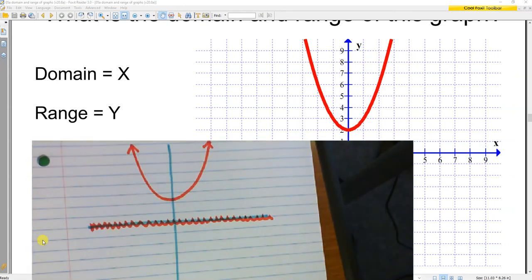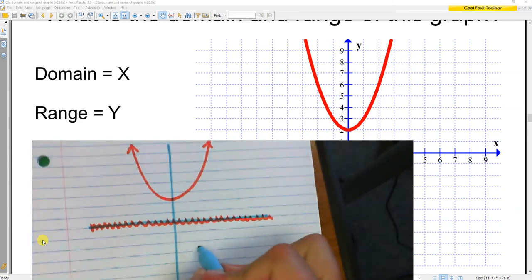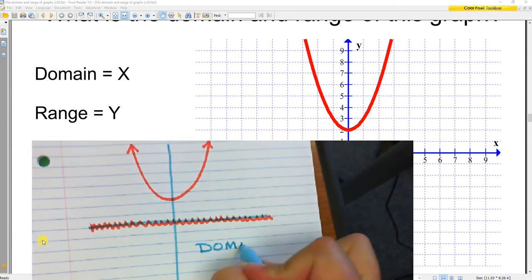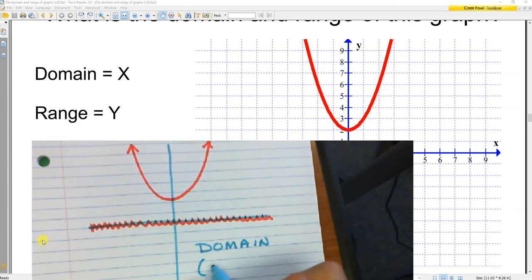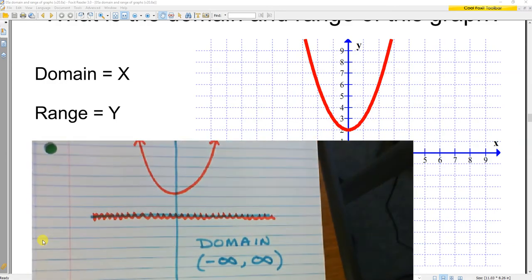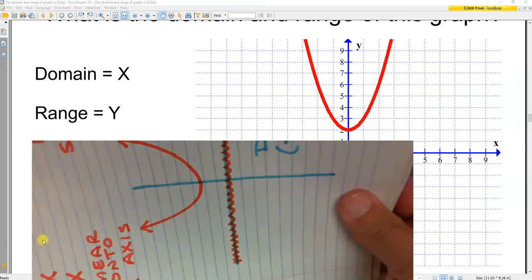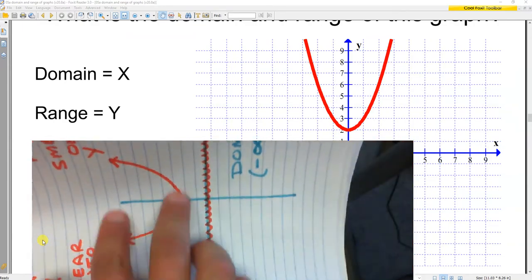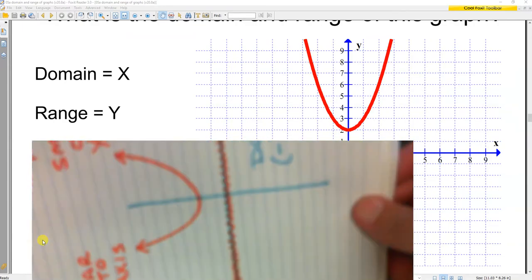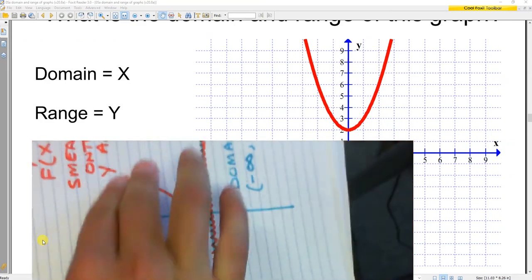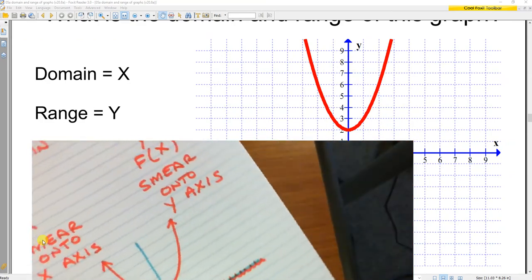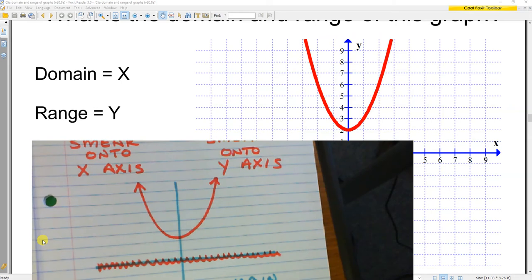That's the domain. The domain is negative infinity to infinity. Now, if I took that exact same graph, and this time I let it like wet paint drip down onto the y-axis, or I take it and I smear it onto the y-axis, that is the range.